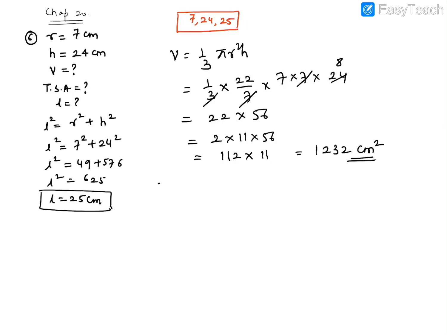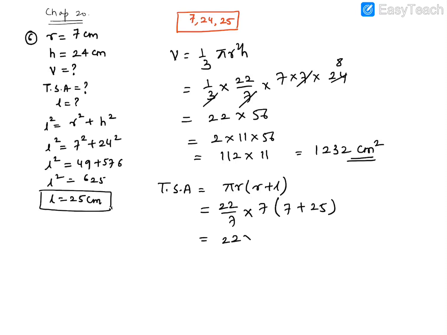Now how will you find out TSA? The formula for TSA is pi r in brackets r plus L. Now what's the value of pi? So pi is 22 upon 7, radius is 7, and 7 plus 25.